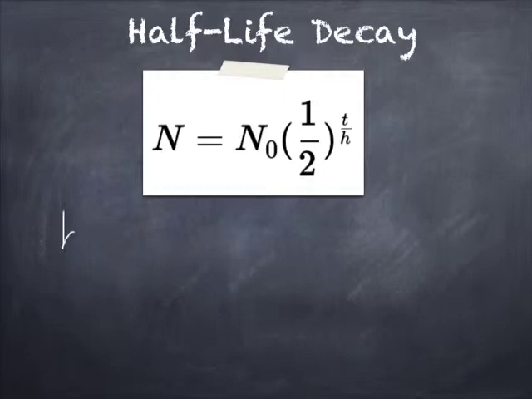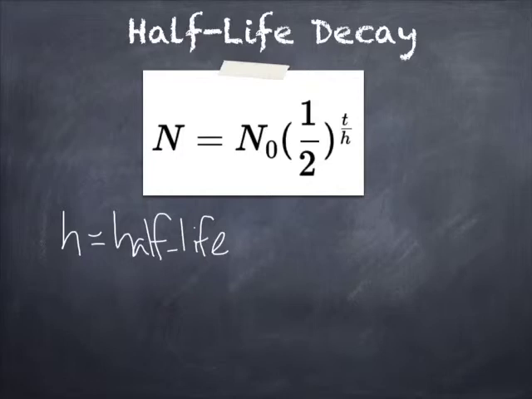H is called the half-life. And half-life is how long it takes for half of that thing to disappear. So since carbon-14 is radioactive, it's how long it takes for half the radiation level to be gone. And that takes, for carbon-14, quite a long time. So you're going to have some pretty big numbers here.